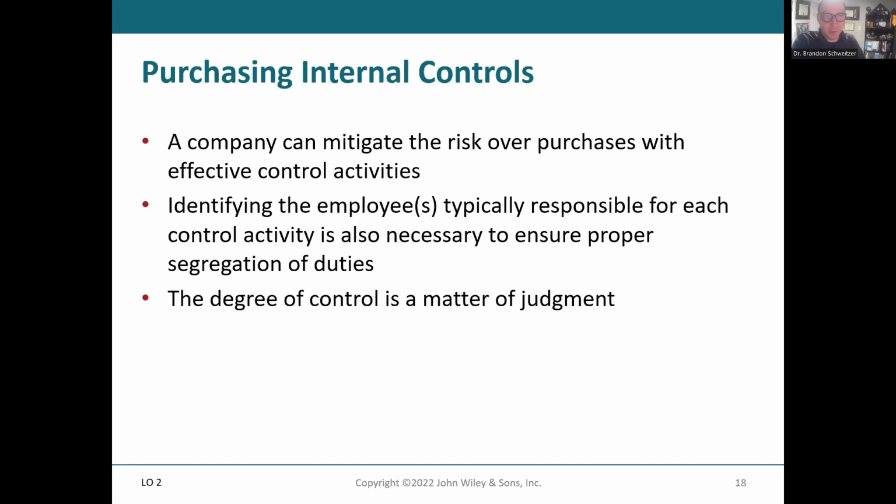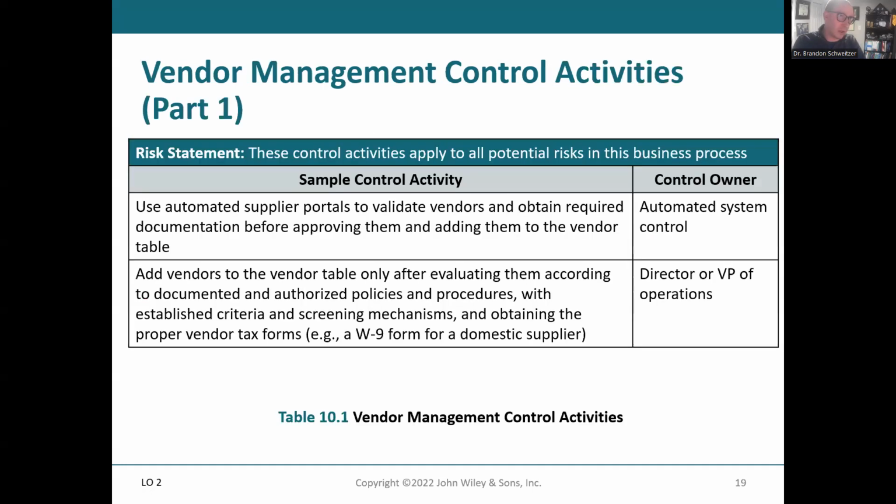And oftentimes it has to go back to the roles and responsibilities of our employees, and also the proper execution of our accounting information system if it's automated, right? So it requires a certain level of judgment when it comes to purchasing. And looking at these risks, the first thing to look at here is the control activities, which are applied to all potential risks within the business process.